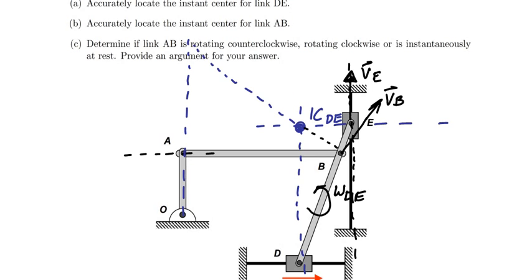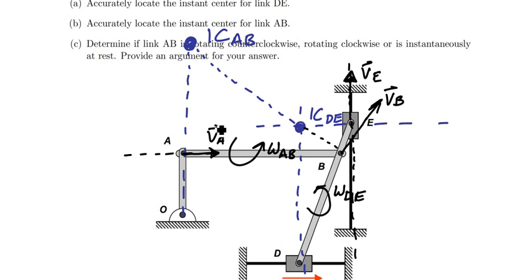And so I'm going to find somewhere up here in the problem statement actually is the instant center of link AB. Now if I use the logic that VB is moving up and to the right, I know that omega AB has to be, in this case, counterclockwise positive. In addition to saying that omega AB is counterclockwise positive, I can say that the velocity of A has to be going to the right.